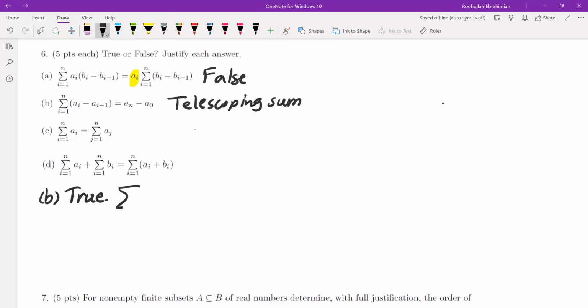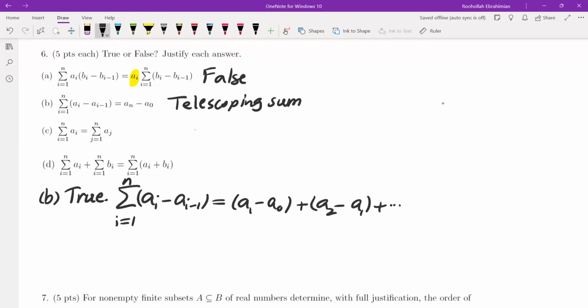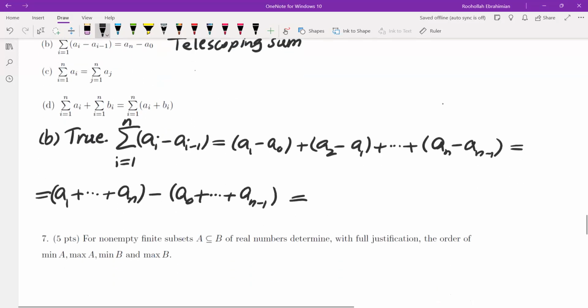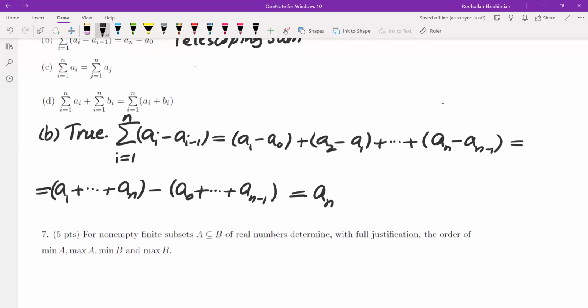And the reason is this: if you write down the sum of a_i minus a_{i-1}, with i equals 1 to n, this is a1 minus a0 plus a2 minus a1 plus up to an minus a_{n-1}, which is equal to a1 all the way to an minus a0 all the way to a_{n-1}. So the only thing that does not cancel from the first parentheses is an.